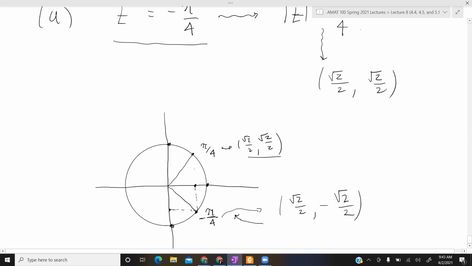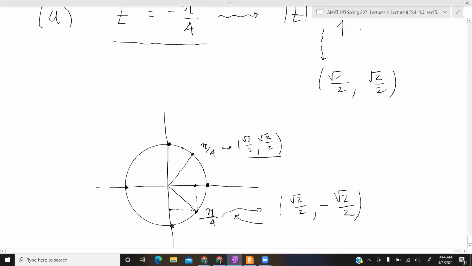The point is that once you know there are these four points in this first quadrant, there's the starting point, there's this point right here. You need to know this one, but that one's easy to remember. Once you know this point, then there's the point right here and the point right here.